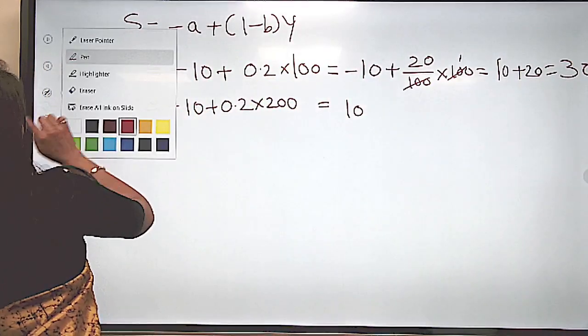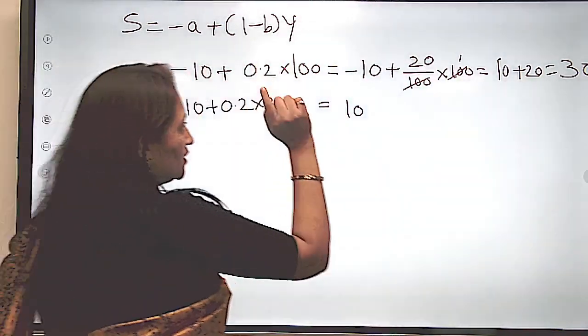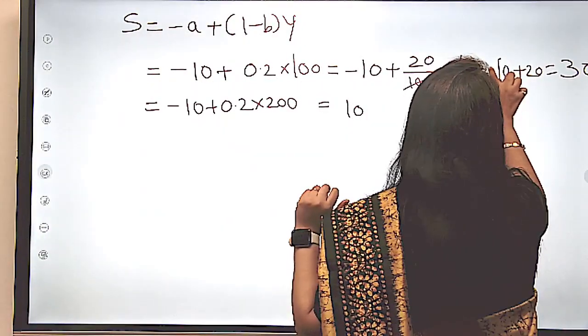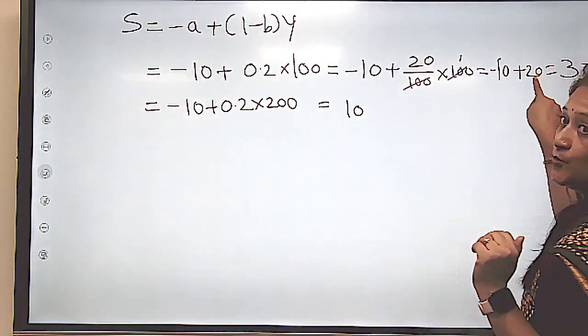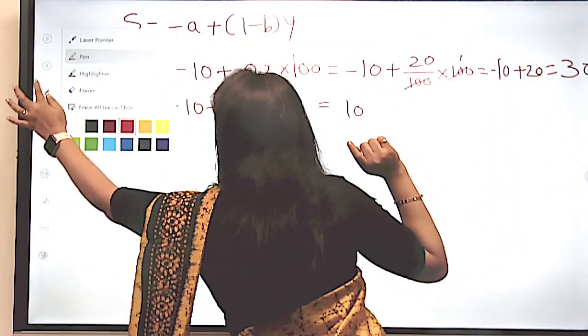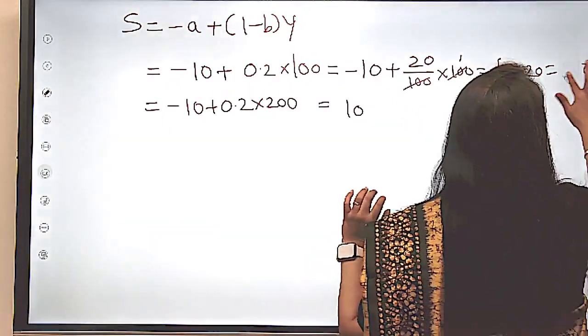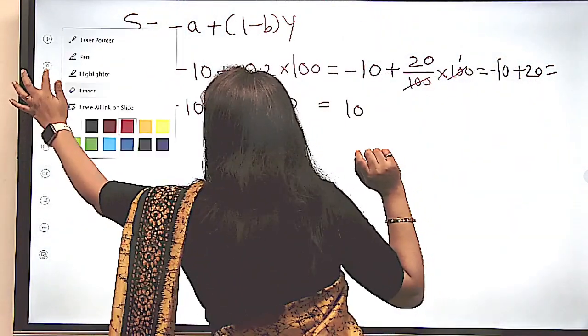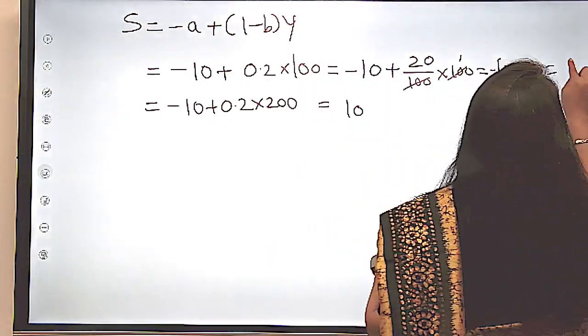So the value of savings will not be 30, but it will be minus 10 plus 20, so the answer will be 10.